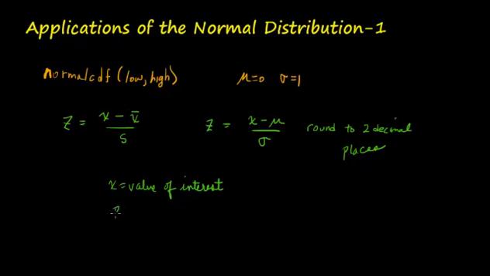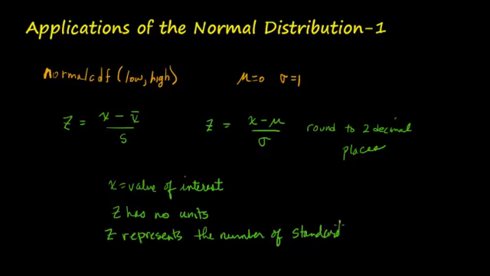Now, z has no units, so we don't report units on a z-score. It just represents the number of standard deviations x is above or below the mean. So z represents the number of standard deviations our value of interest x is above or below.